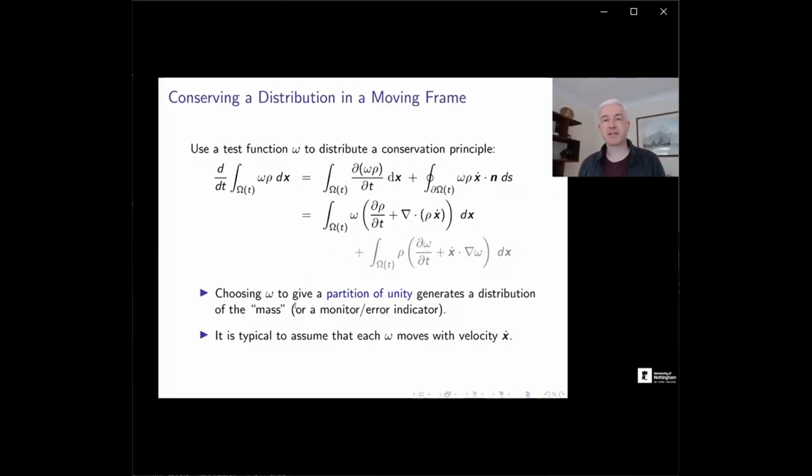Our omegas are a partition of unity because we're looking at this underlying conservation principle, and we actually assume, as happens in almost all work on moving mesh methods, that the test function moves with the velocity field, which means that this bit that is grayed out disappears from our equations.